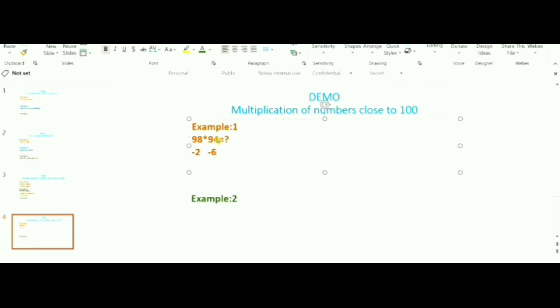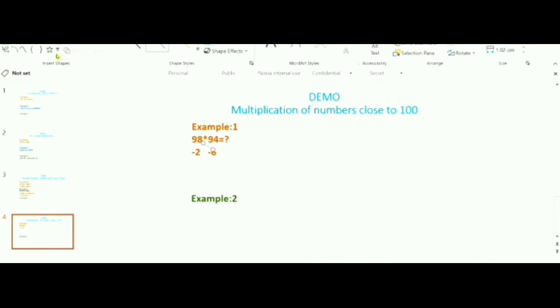After that, because minus is coming out, we need to do minus, but it should be crosswise. Maybe I can give some symbol here so it will be easy for you to understand. It will go like this, or it may go like this. So you can minus 6 from 98, or you can minus 2 from 94.